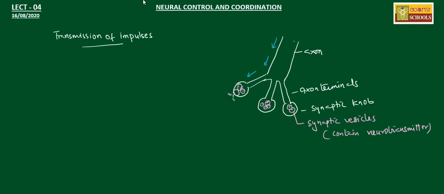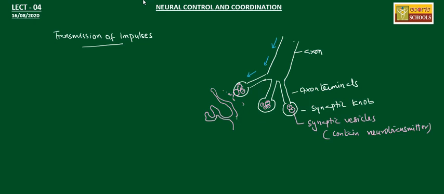So how does this process take place? Of course, the neurotransmitter which is released will bind with the receptors present on the dendrites of postsynaptic neurons.